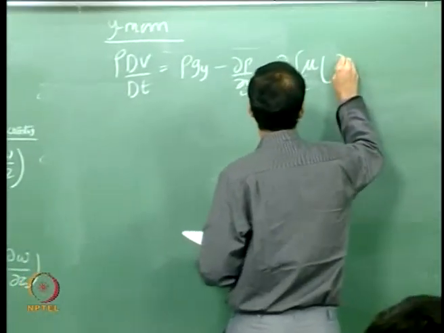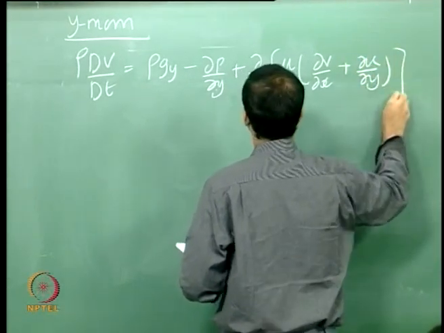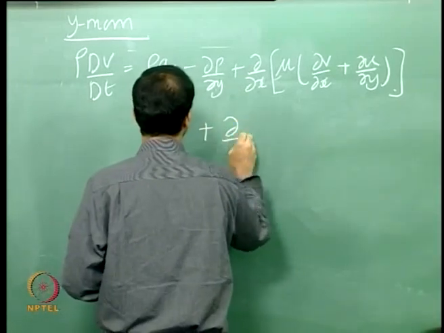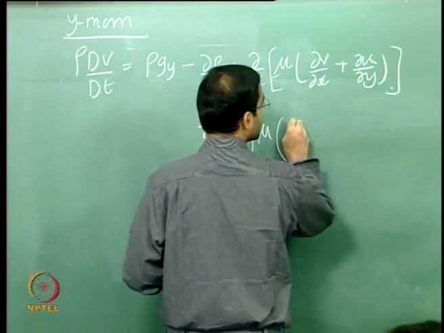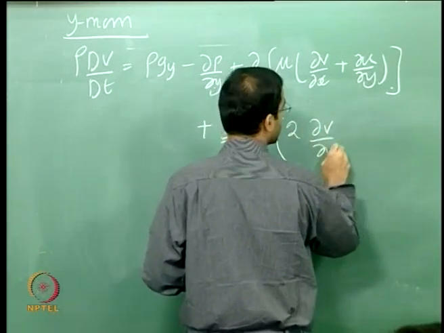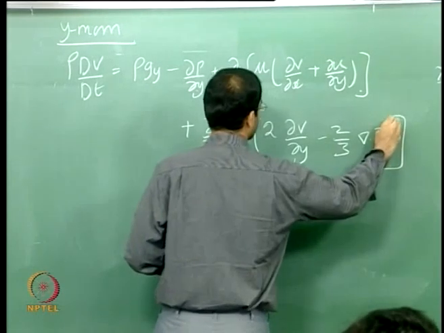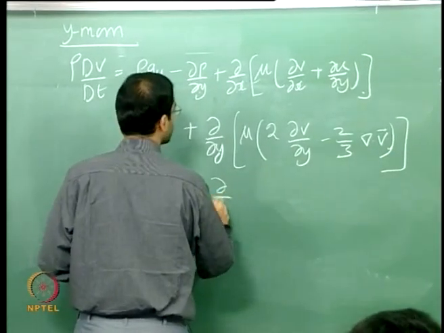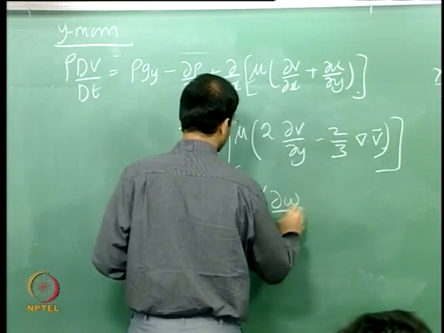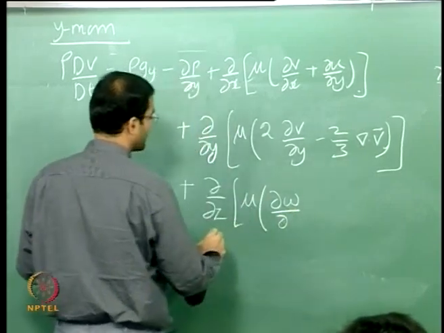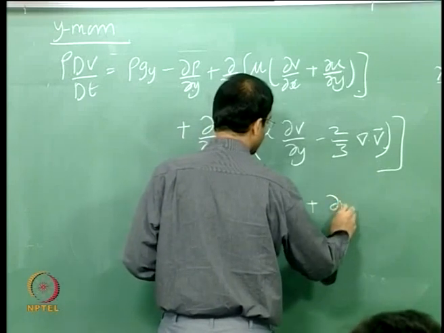So this should be dv by dx plus du by dy, all right, plus d by dy, where now you have your normal stresses. So you have nu into 2 dv by dy minus 2 by 3 divergence of velocity, plus you have d by dz mu into dw by dy plus dv by dz.